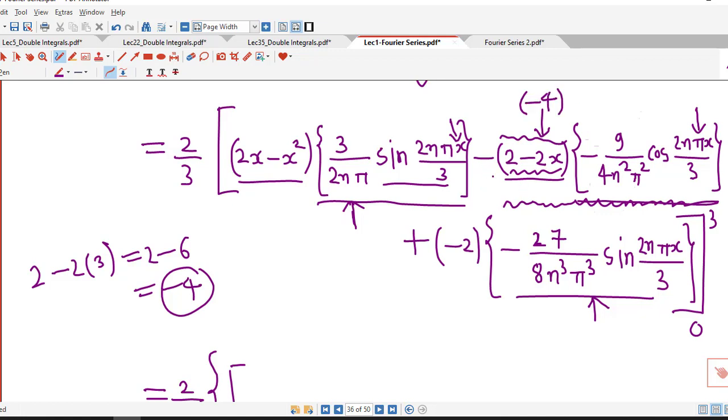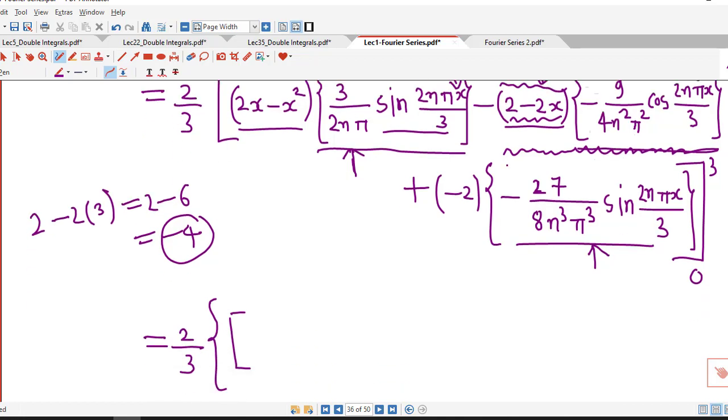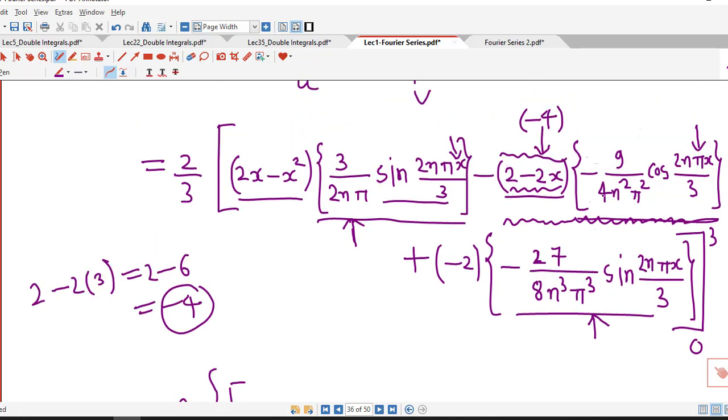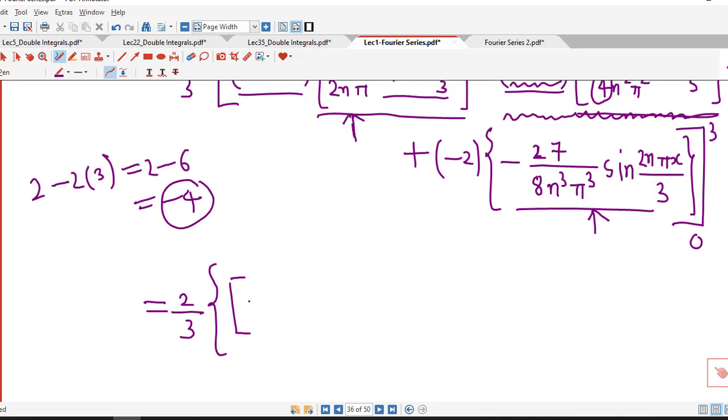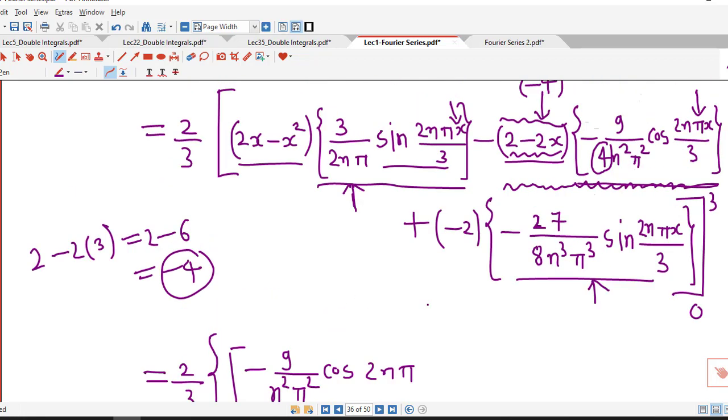So we have negative sign, and that minus 4 will cancel out this 4. So we have negative of 9 divided by n square pi square into cos 2n pi.